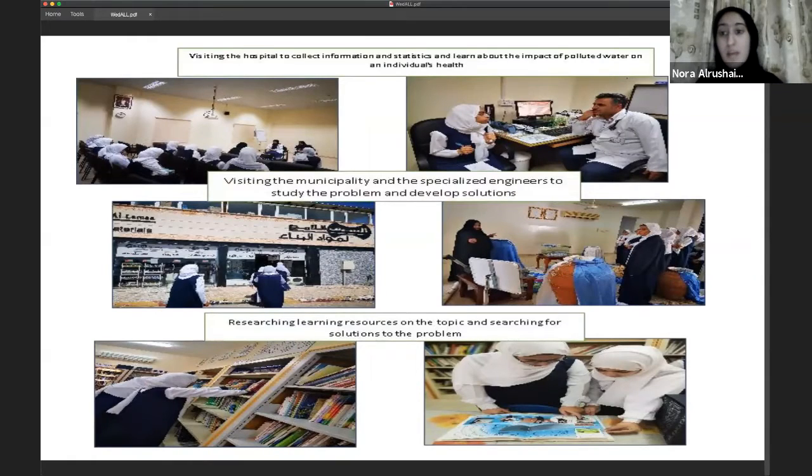After using the tap water in the school, we are going to visit the hospital to collect some information and statistics and learn about the impact of polluted water on an individual's health. And we are going to visit the municipality to study the problem and develop a solution, and finally research and learn resources on the topic and search for a solution to the problem.